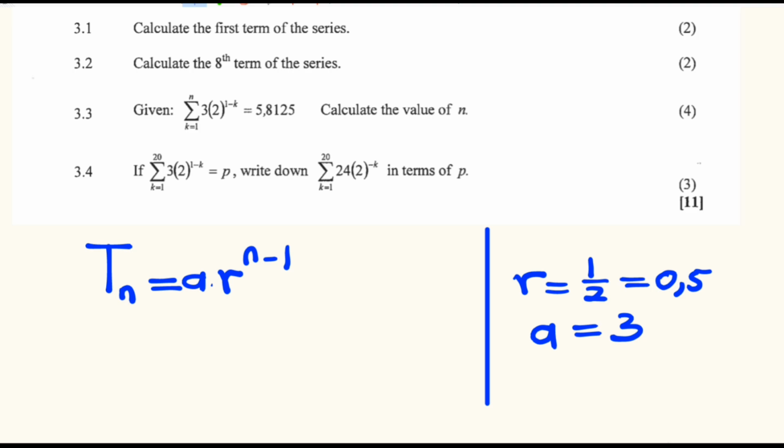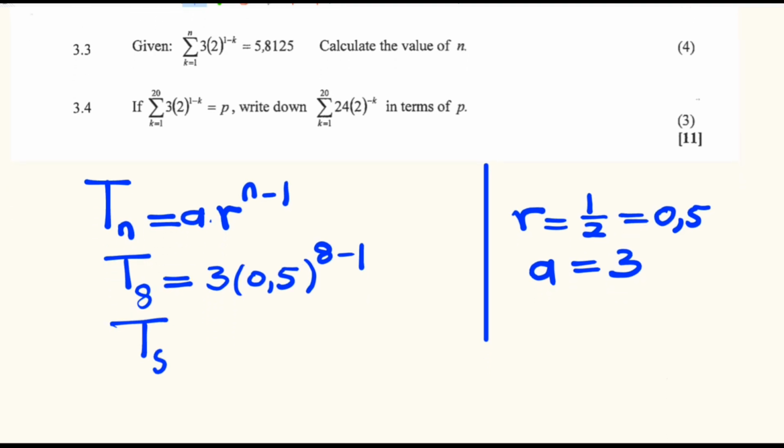So where there is n, we substitute 8. So we have term number 8, or T8, will be equal to, the a is equal to 3, and the r is equal to 0,5, or 1 over 2. And in the place of the n, we have 8 minus 1.